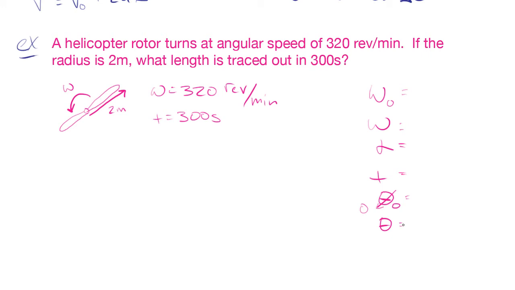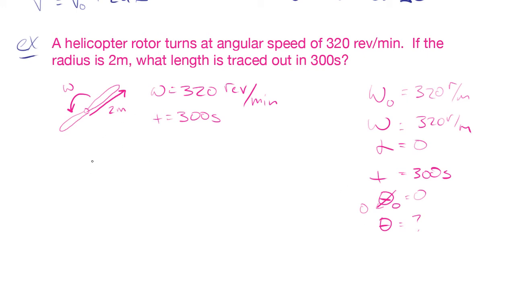You could always call it 0 and just adjust theta final accordingly. We have no acceleration, because I didn't tell you there's an acceleration. So the initial and the final speeds are both 320 revs per minute, and my time is 300 seconds. Angular displacement is what we're after. I know everything except for theta, so I should be able to figure this out.